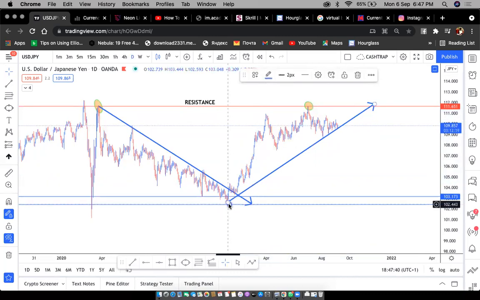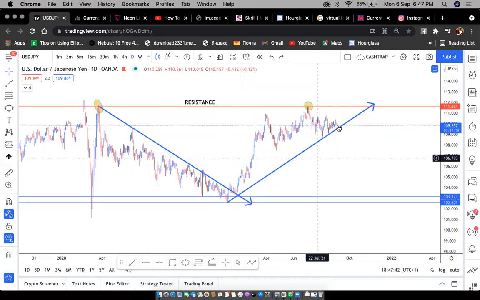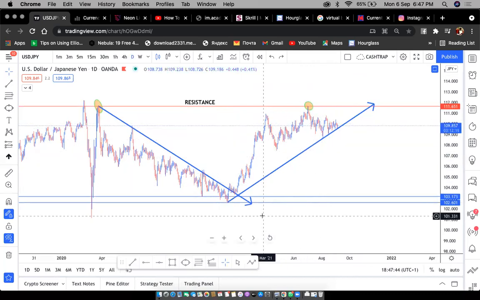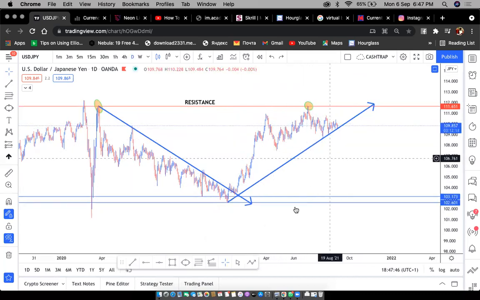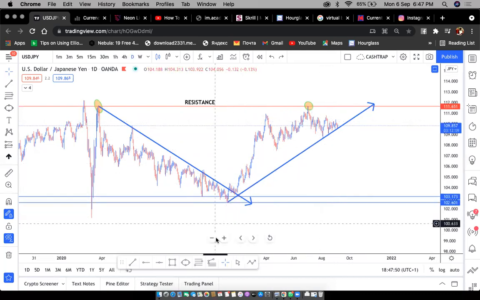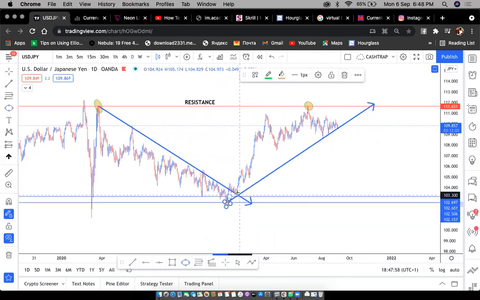So I can say this is an uptrend. It's a current uptrend because price has moved from this point. We expected it here.